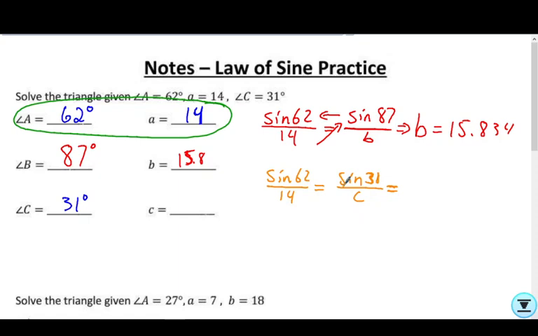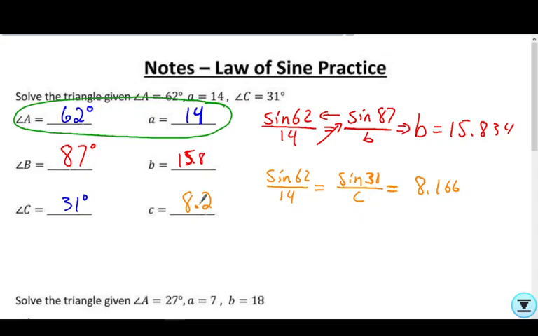So now we use this one to find side C. We cross multiply, and we find that side C is 8.166. So side C is 8.2. And we're done. Okay. So it's not complicated, really very straightforward. You just have to know how to set up your ratios.